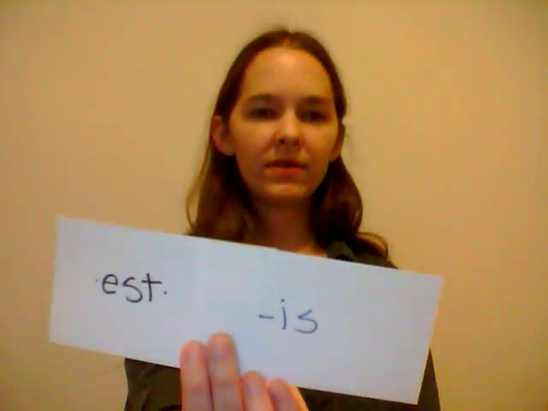Then, past tense, I loved him, is mi amis lin. I was is mi estis. IS is for past tense verbs. Present tense is AS.